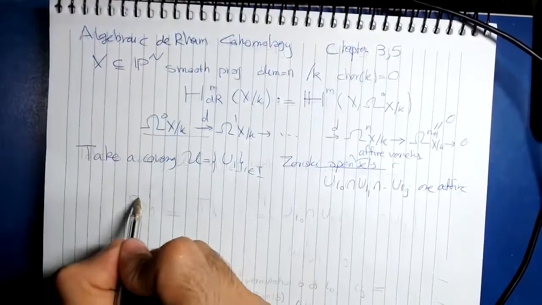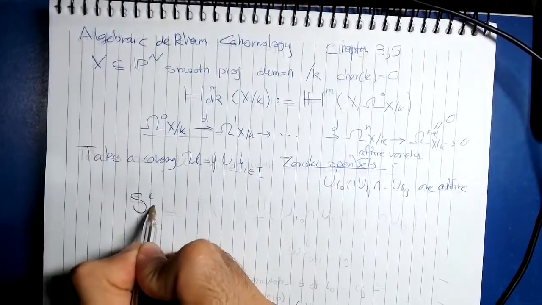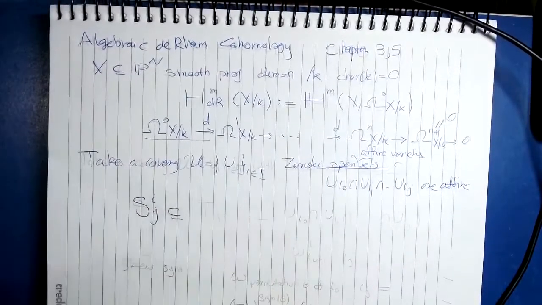Anyway, so what I will need to define is this S^{i,j}. What is this S^{i,j}?